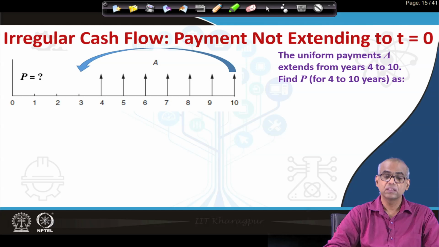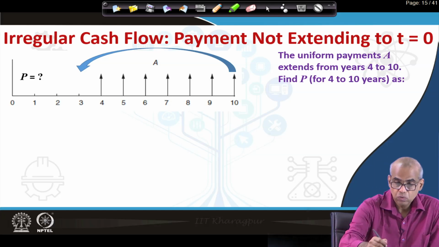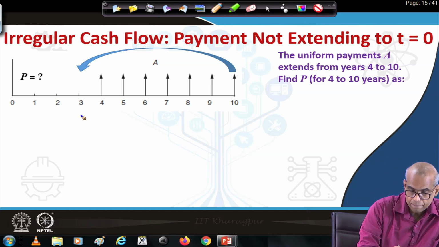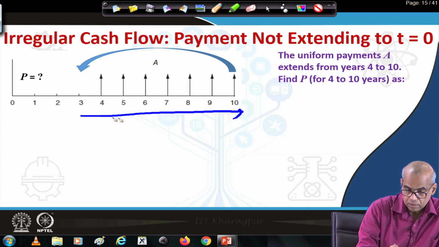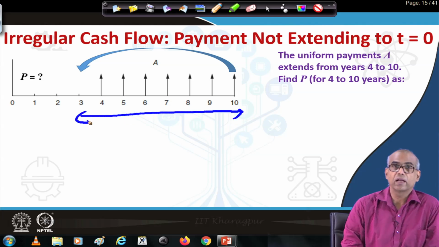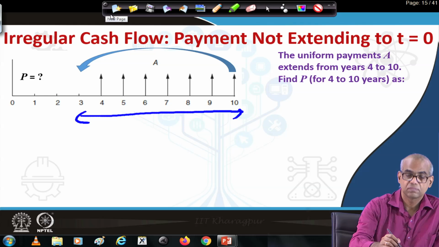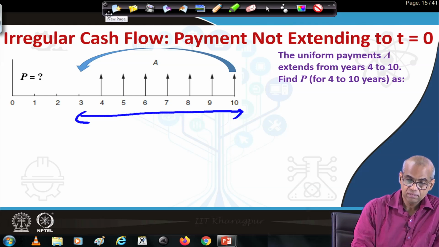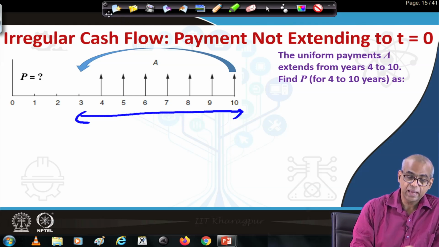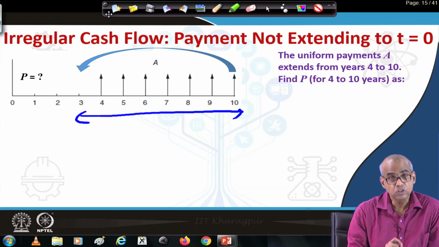So, find the present worth value for this part of the cash flow diagram and place that P value at the end of the third year, and then from there again you find out the P value at time 0 years.